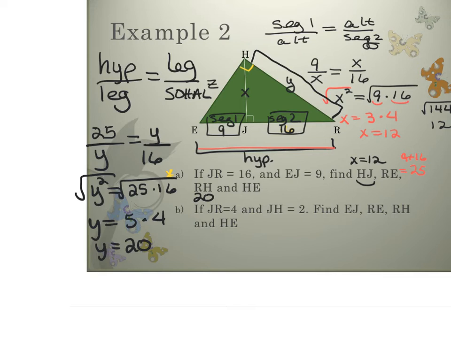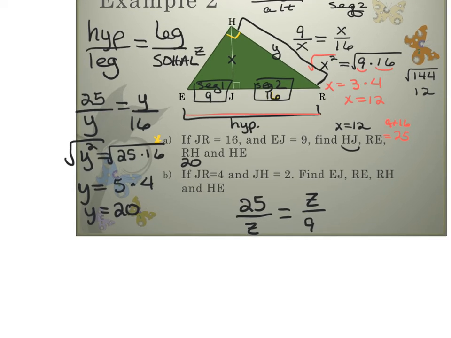I now need to do HE. HE I've labeled as letter Z. So again, the hypotenuse is still 25. The segment of the hypotenuse that's adjacent to leg Z is 9. Again, do the cross products.